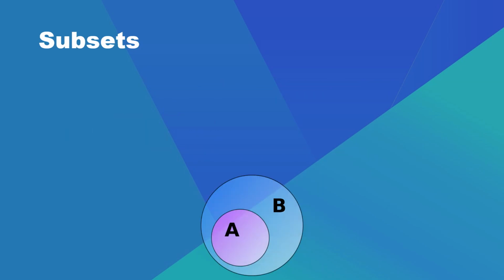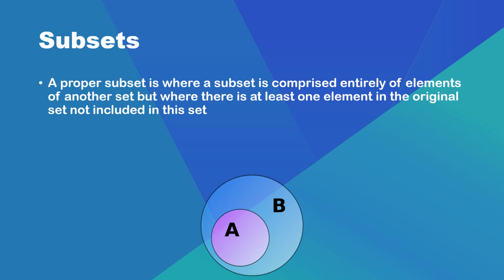A proper subset is where a subset is comprised entirely of elements of another set but where there is at least one element in the original set not included in this set. A proper subset is represented by this U leaning over on its side. You can say that the set 0, 1, 2 is a proper subset of the set of natural numbers because there are other natural numbers that are not included in this subset.